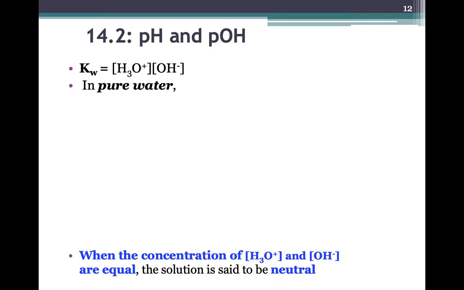If we do the same thing for pOH, we would get the negative log of the hydroxide ion concentration, which should also be 1 times 10 to the negative 7th. We take the negative log of that, and we get a pOH of 7. So it would be a neutral solution.